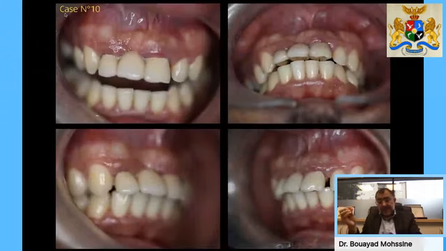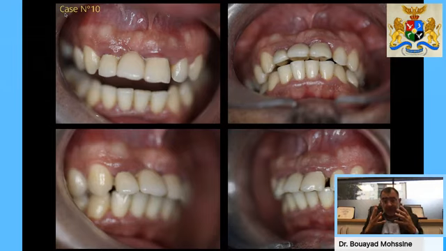In this case, you can see the big deficit of bone around the bridge, especially in the central incisor, the 11. This bridge is not very good.